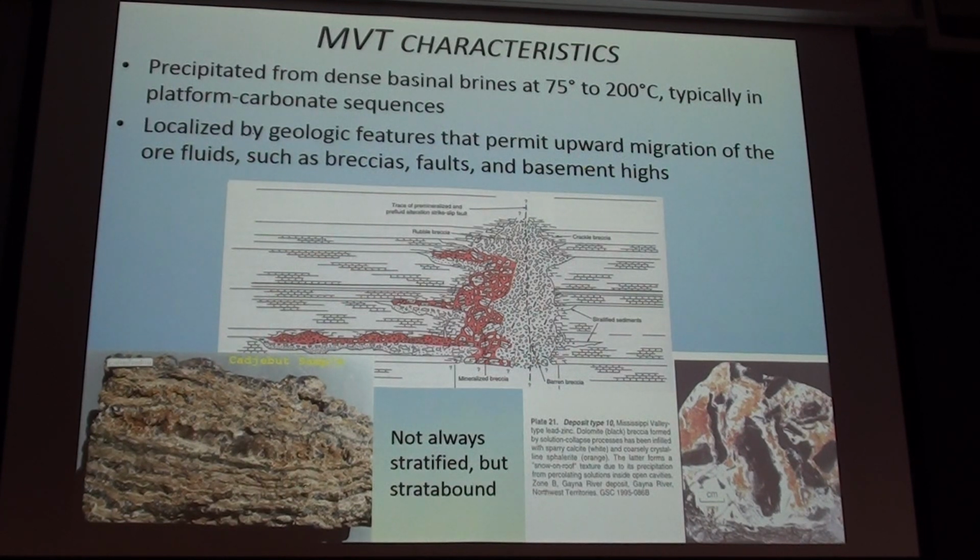So they're precipitated at relatively low to moderate temperatures from basinal brines. And unlike SEDEXs, they are not, or not often, stratified, but generally stratabound. So stratified means that they are horizontally kind of stratified together with the sedimentary units.